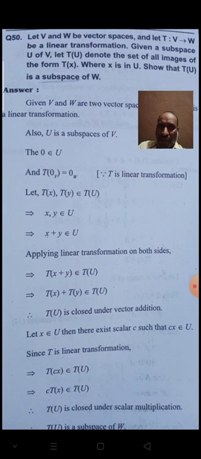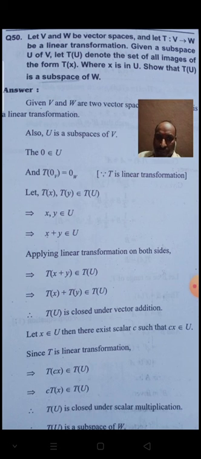Okay, we discuss another theorem. Let V and W be vector spaces and let T mapping V to W be a linear transformation.